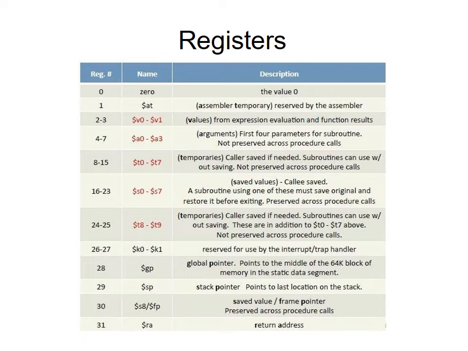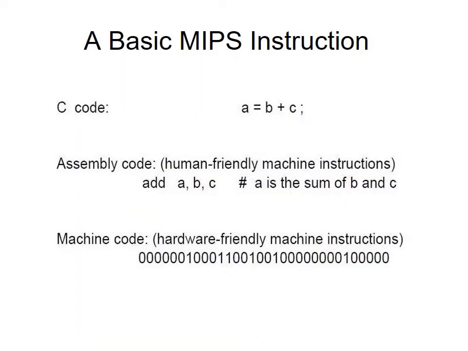Then register 29 is named $SP, the stack pointer, which points to the last location on the stack. Then 30 is named $S8 or $FP, that means saved value or frame pointer. This is preserved across procedure calls. And the final one is 31, named $RA. This is the return address.